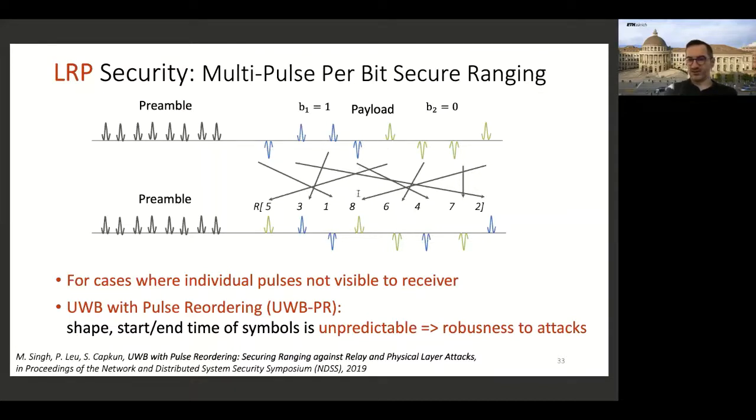If he guesses one of these pulses, he essentially guessed the entire bit. The reason is that there is an aggregation that needs to happen across multiple pulses, and you essentially sum up the energy. So if the adversary guesses any of these pulses, he essentially won the game.